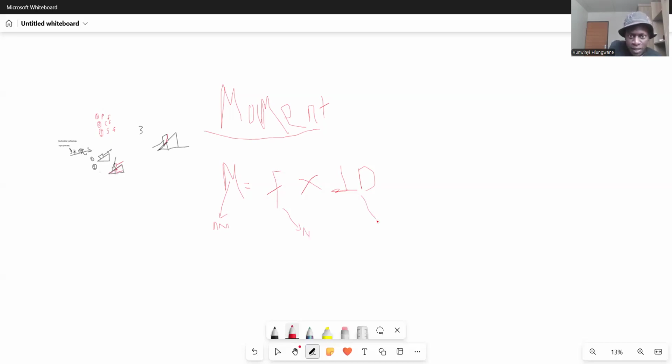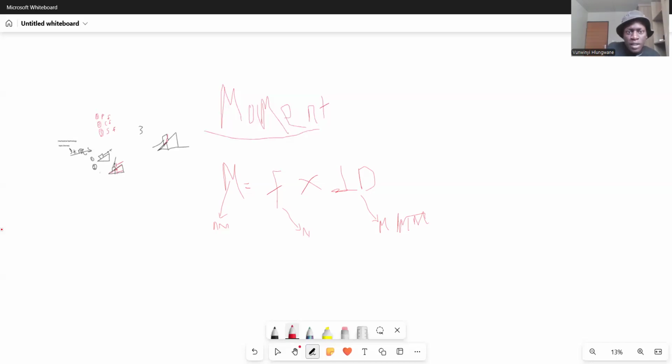Our distance can be measured in meter or millimeter.